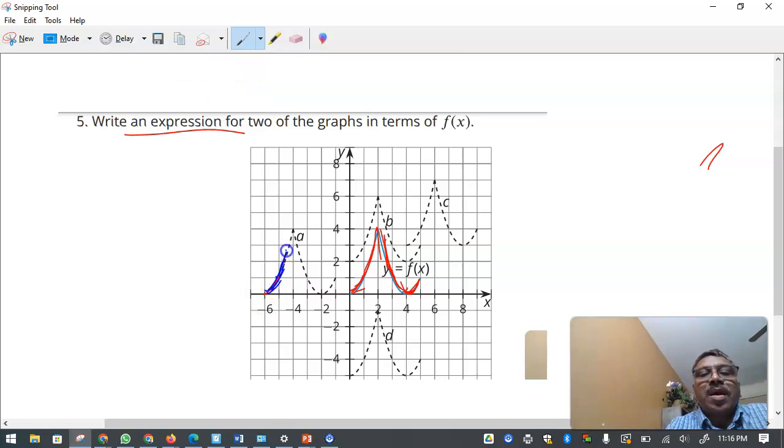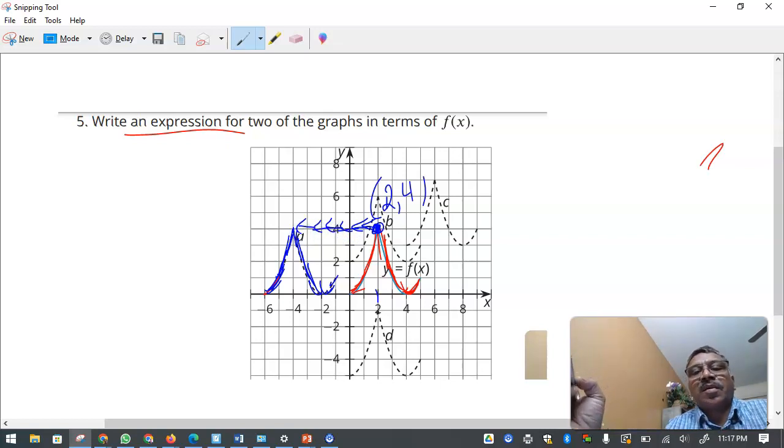If you see, the graph has shifted to the left. So the original function, this one, let's put this point at 2 and 4. Now it moved 1, 2, 3, 4, 5 and 6. So it moved 6 places to the left.